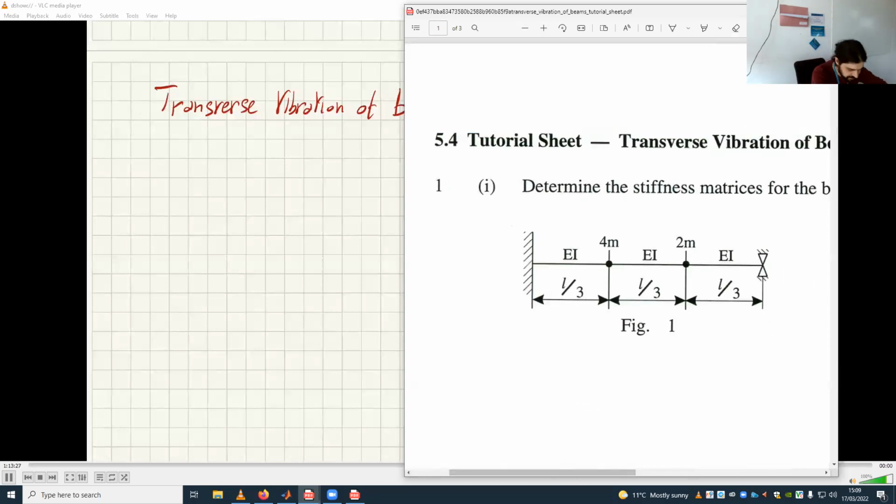Let me copy this beam. We have a fixed support on the left, and a beam that is divided into 3 equal segments.